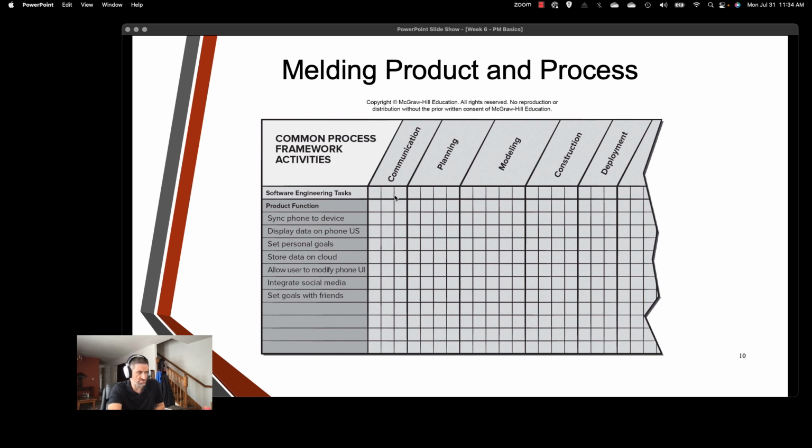So these would be the different software engineering tasks that have to be accomplished within each one of these framework activities. And the job of the project manager is to estimate the resource requirements for each matrix cell, start and end dates for the tasks associated with each cell, and work products to be produced as a consequence of this task.